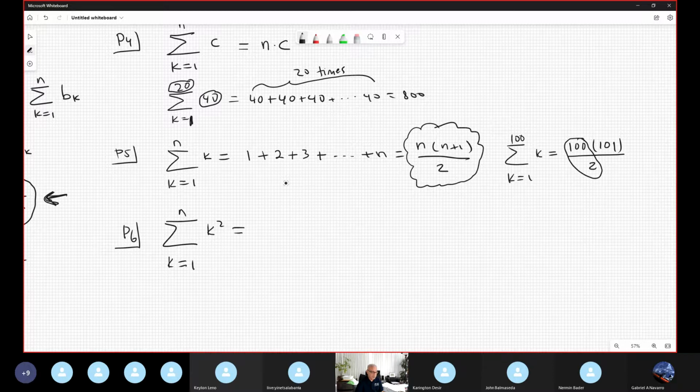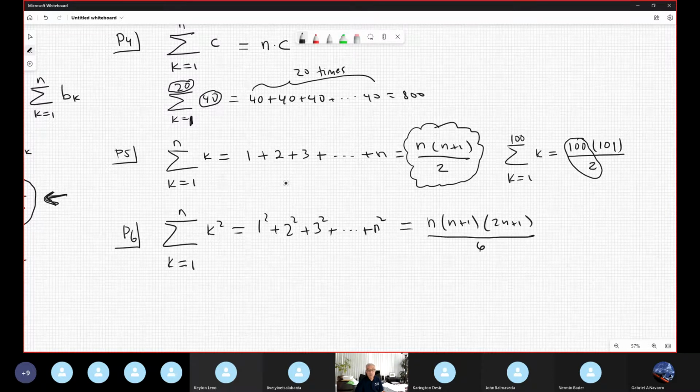This is equivalent to 1 squared plus 2 squared plus 3 squared plus up to n squared. And the formula is more complicated. It's n times n plus 1 times 2n plus 1, divided by 6. At some moment, I want to explain one fantastic way to prove this using another tool that you don't know.